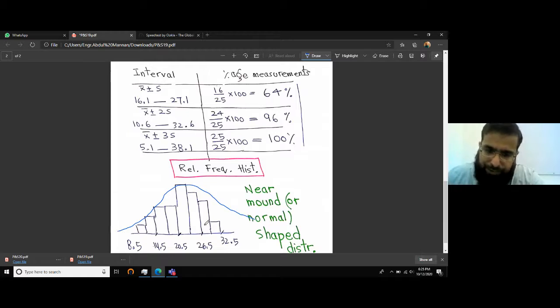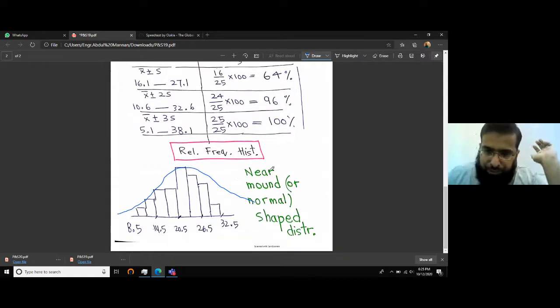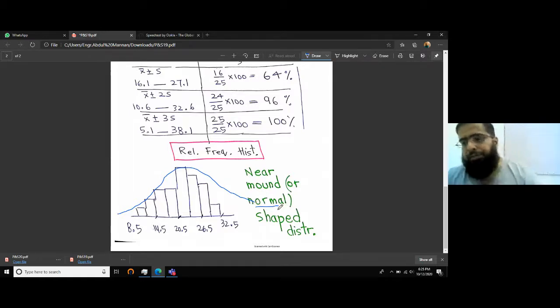If it were exactly bell-shaped, we'd get the results very accurately. I have written it here, near mound or normal. Mound-shaped curves and mound-shaped histograms are also called normal-shaped distributions or normal-shaped histograms.